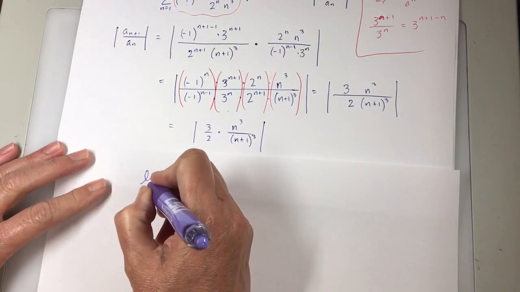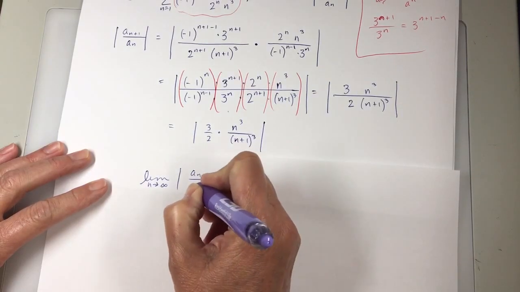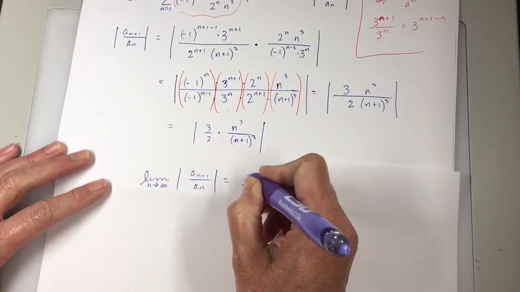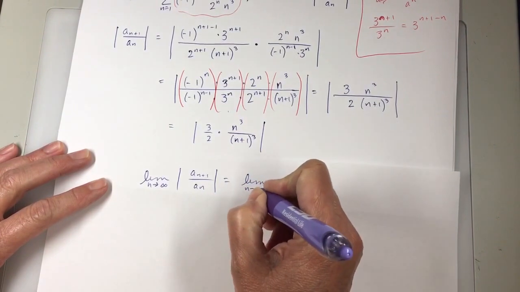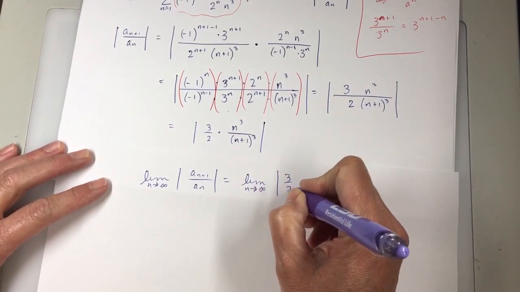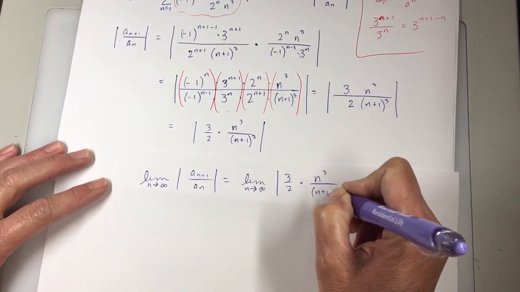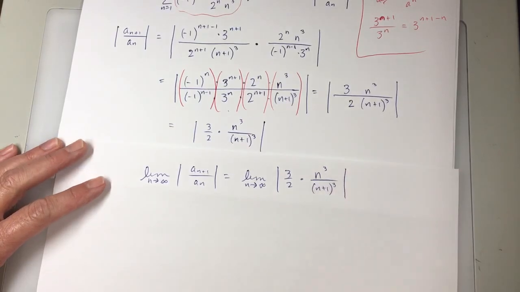So the limit as n approaches infinity of a sub n plus 1 over a sub n is the limit as n approaches infinity of the absolute value of 3/2 times n cubed over n plus 1 cubed.